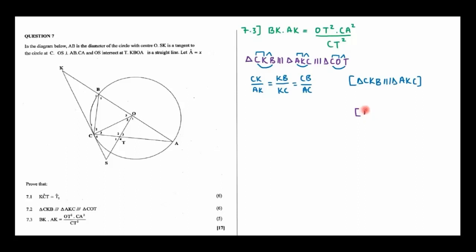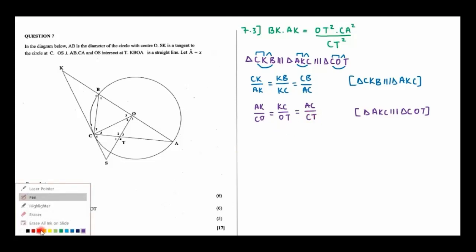Then the second one will be triangle AKC being similar to triangle COT. So what can I take here? I can say AK over CO is equal to KC over OT, which is equal to AC over CT.